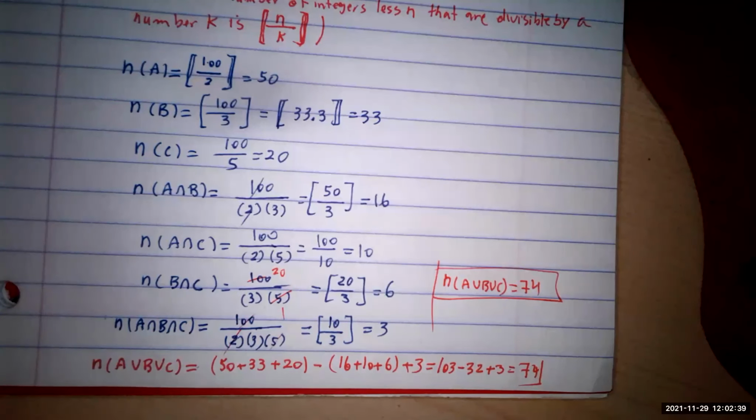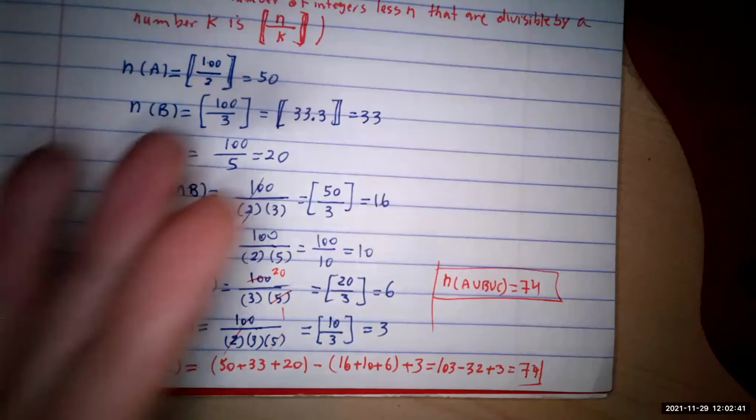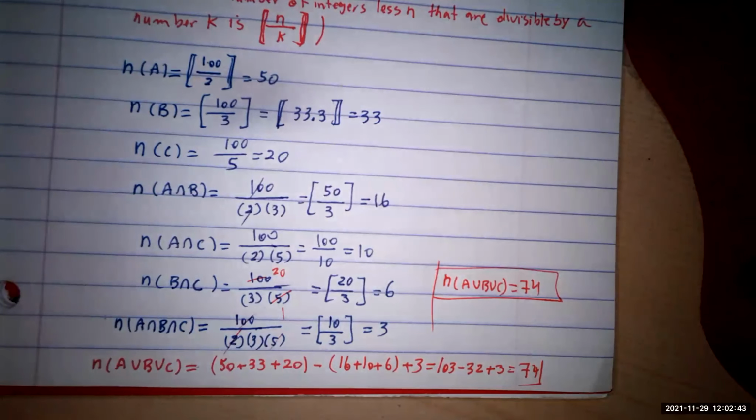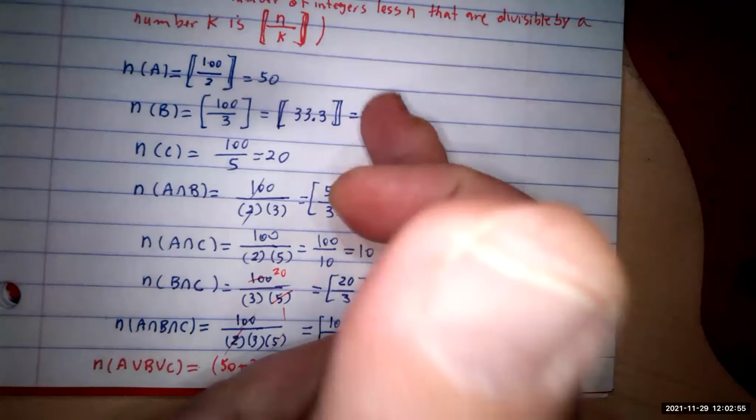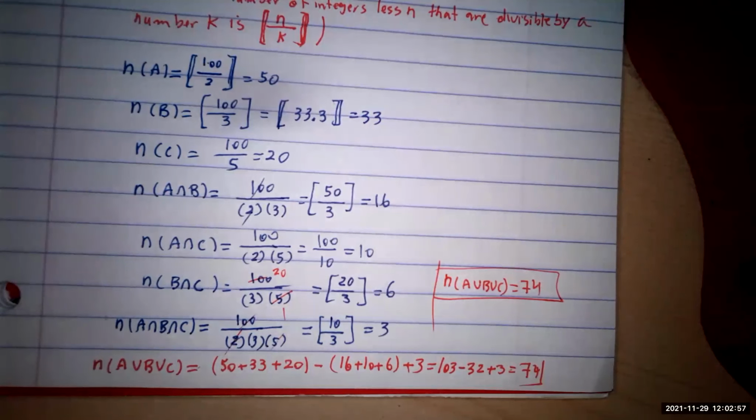It's a nice example because it's consistent with our formula. And this result cannot be a decimal number because this is just a count. Okay, any question?